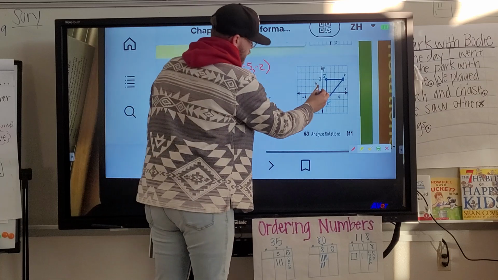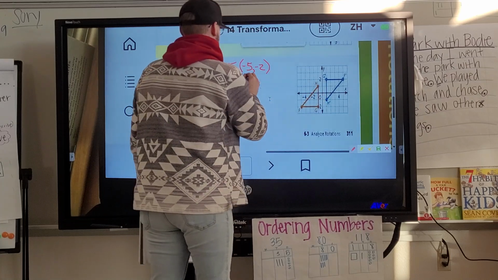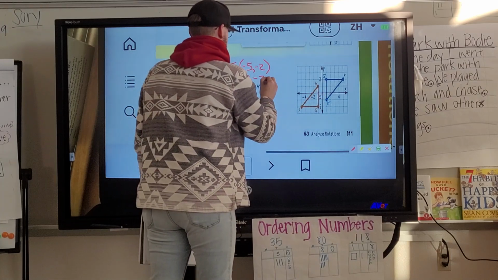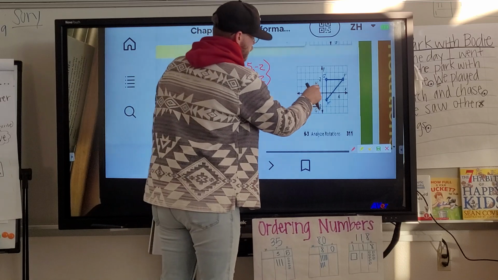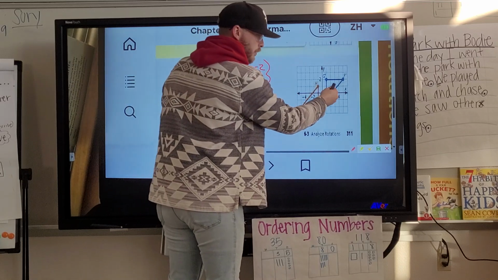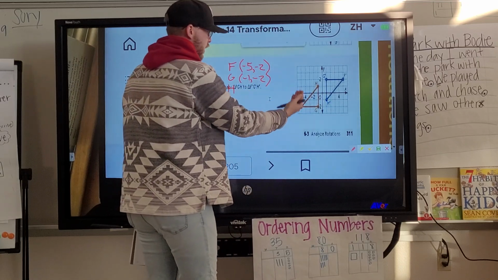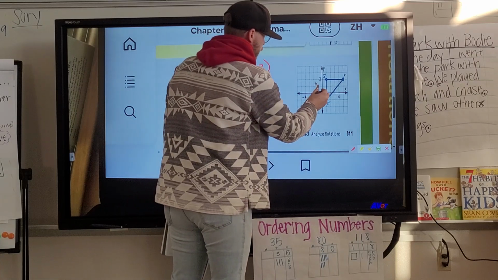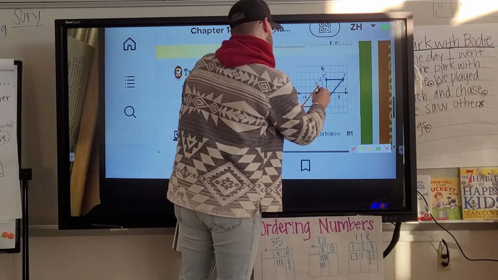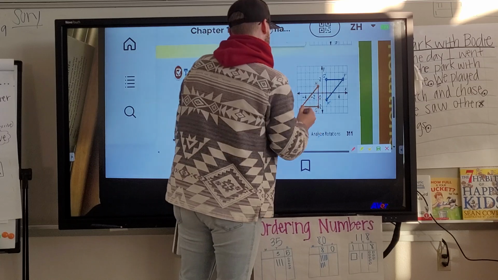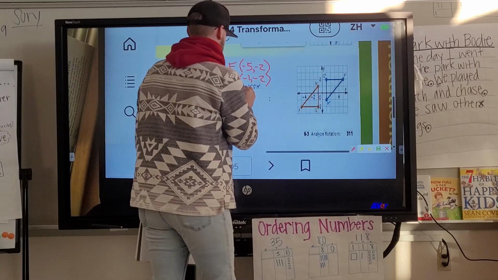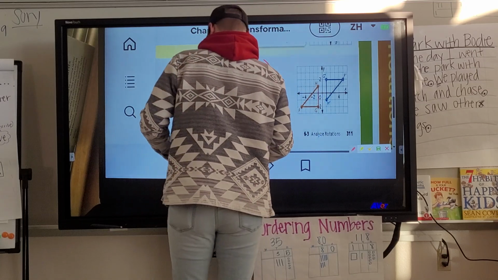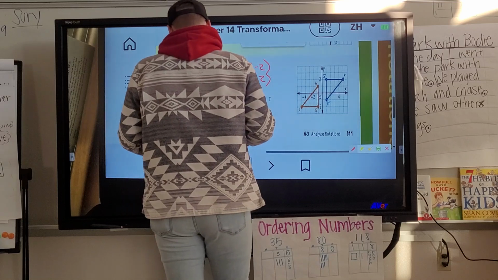G is -1, -2. H here, I walk before I can fly. I go over 1. So that is -1, up 1.